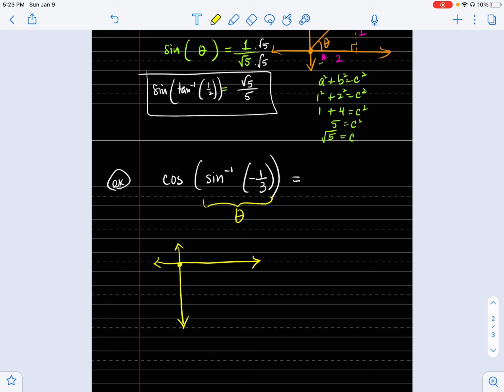And over there, I'm going to draw that angle, call it theta. Again, I don't know the value of theta, and it went this way, I'm going negative. But I do know it's in the fourth quadrant because the sine value there is negative. And let me complete the triangle.